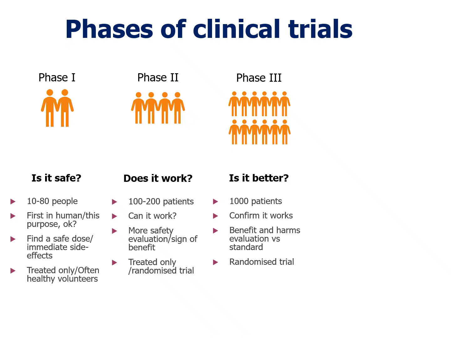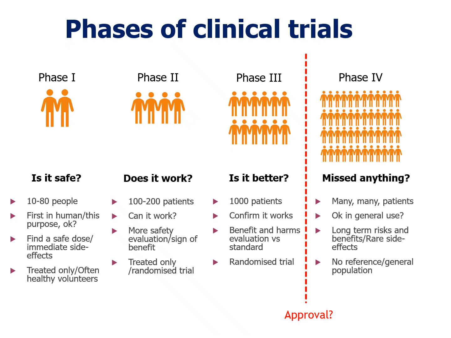We still think about safety, but we do want to compare against some standard, perhaps a placebo control or routine care, whatever that might be. And most typically, we're talking about a randomized controlled trial. All being well, this might progress to a decision about approval in a regulatory setting. And then following that, a drug can be marketed and made available.